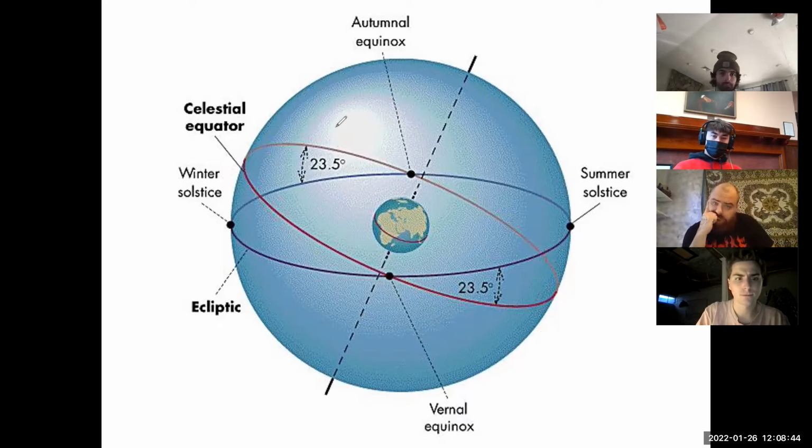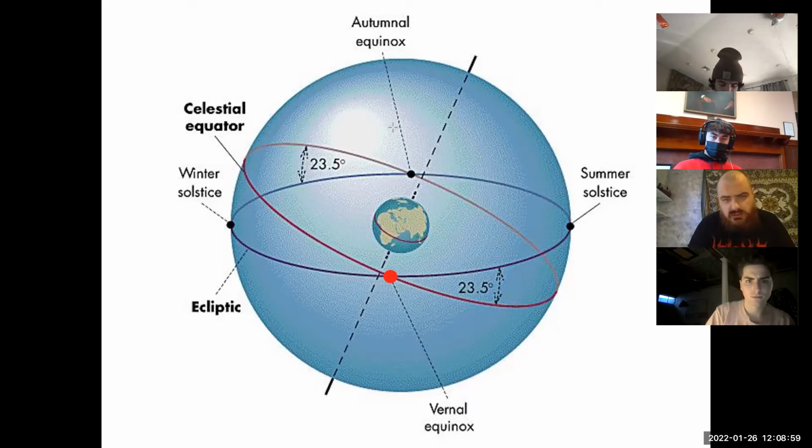So what do we think? I need a right ascension or a declination of this point. Wouldn't the right ascension for that point be 6 hours?